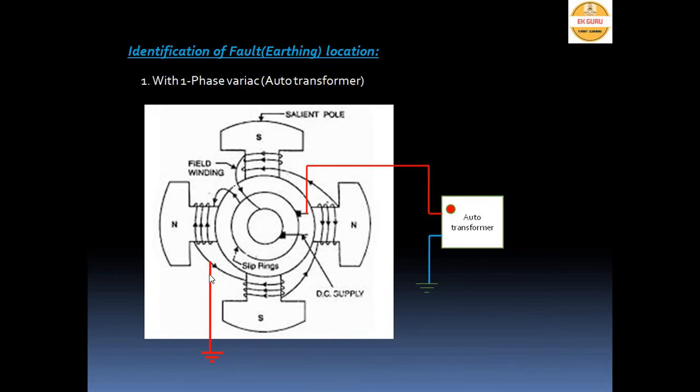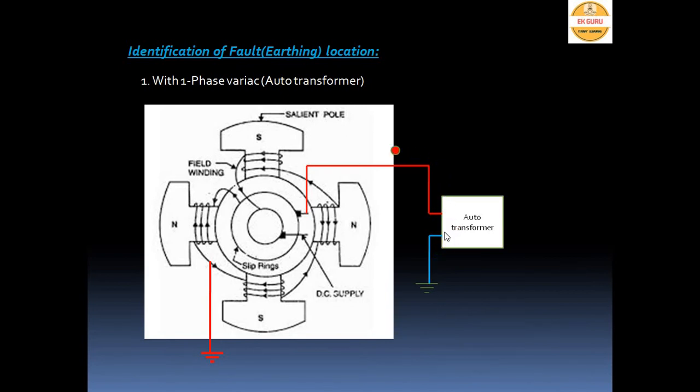I am considering the fault is occurring between pole 1 and pole 2, so this part of the winding is earthed. Then the current will flow like this: from one of the slip ring leads to pole 1, and then to the earth point.